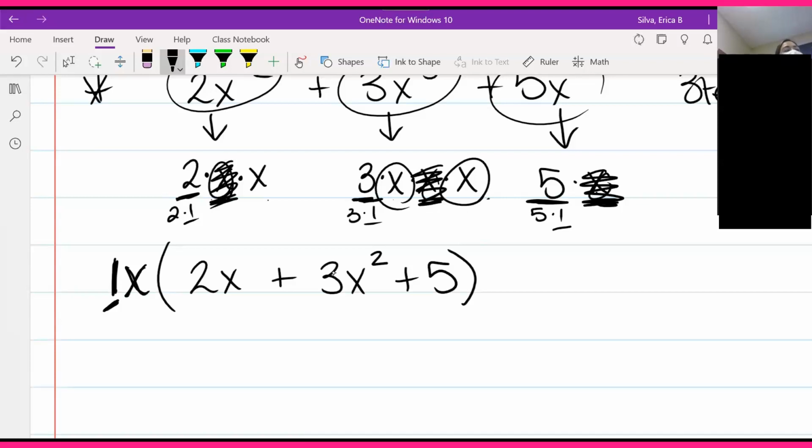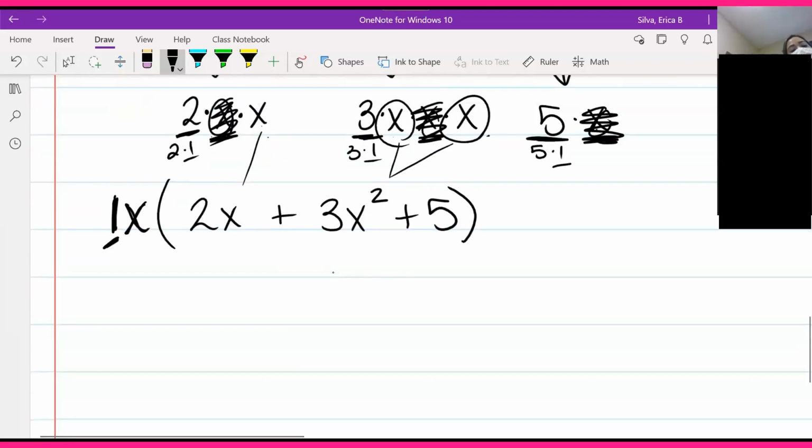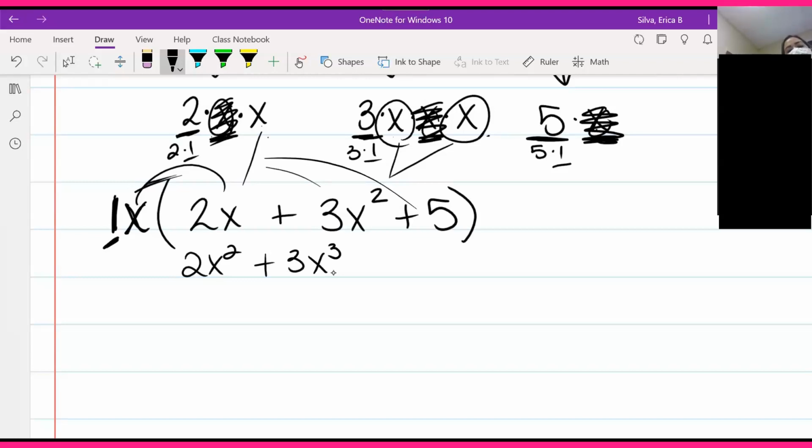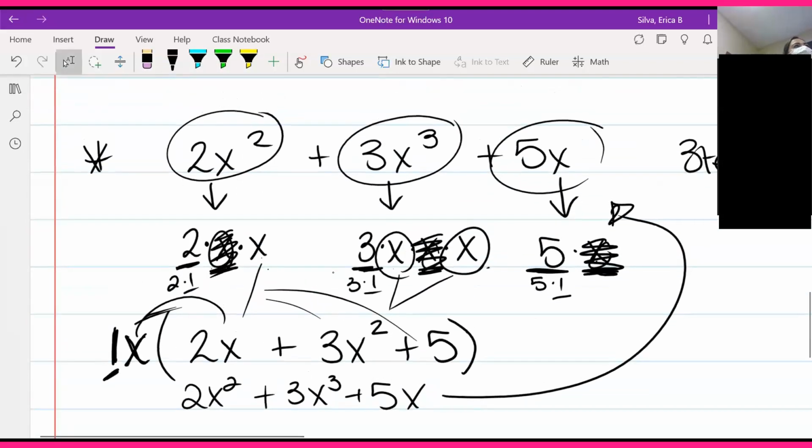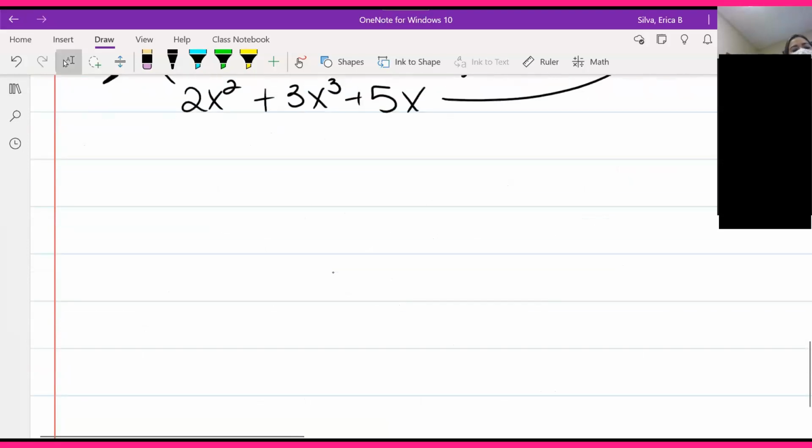So I'm going to factor that one out. We're kind of dividing it. We have 1x here, 2x is left over here, and no x is left over there. So again, if we go backwards or go forwards, we get 2x squared plus 3x to the third plus 5x, which is exactly what we had in the beginning. Does everybody see that? Okay.